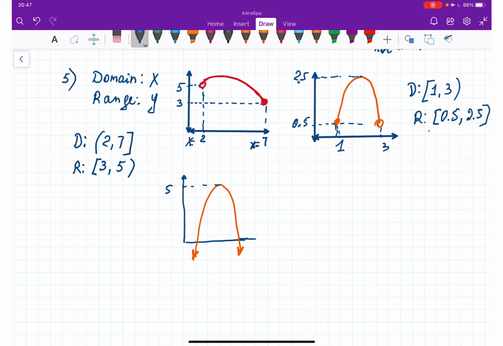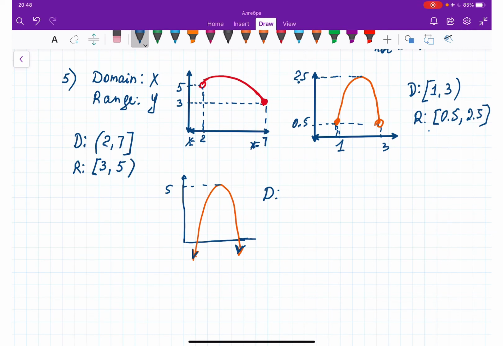But I don't need values of x because it's running to infinity, right? So for the domain, what's going to happen here? This is running to infinity. This is heading to infinity.